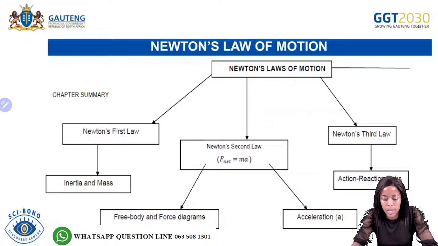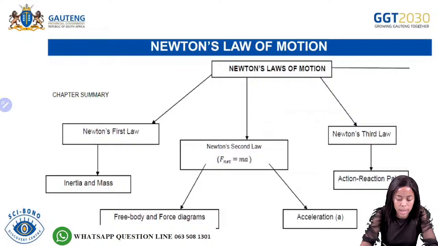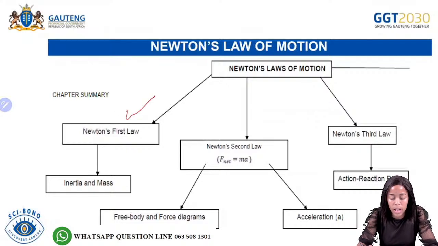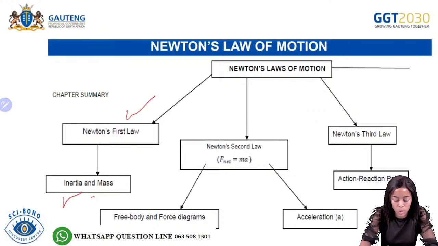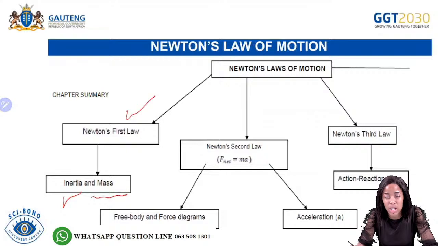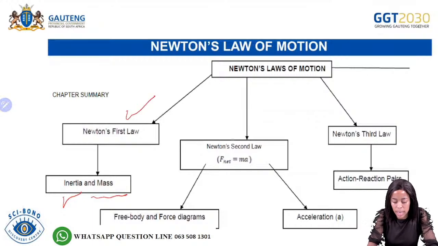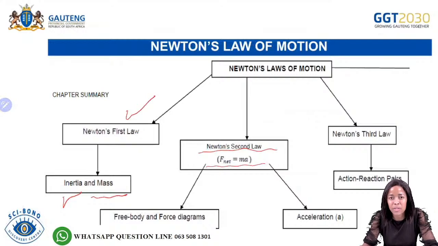Okay, so last time, remember we focused on Newton's first law. And on Newton's first law, we covered inertia and mass. So we covered these two. And for today's lesson, we are going to be focusing on Newton's second law, whereby we are going to use the formula F net equals ma.